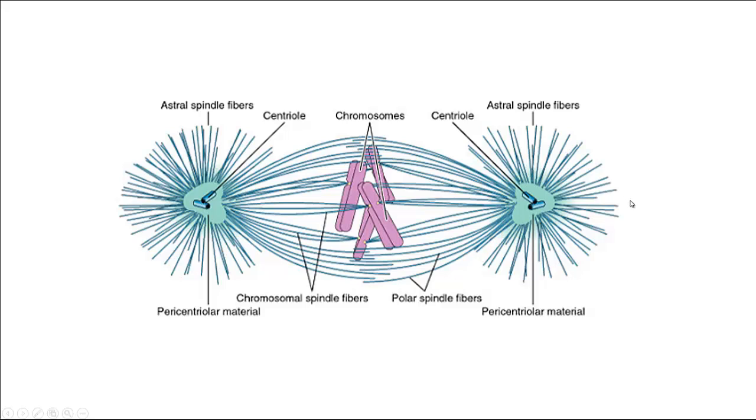They're produced on both ends of the cell, reach out towards the middle, and grab hold of the chromosomes, and this is the means by which chromosomes are moved around the cell. As we'll see in the next stages, the chromosomes start to move, become aligned, and move from one side to the other, and the way that happens is with these fibers that branch out from the centrosomes, grab hold, and push and pull in both directions.